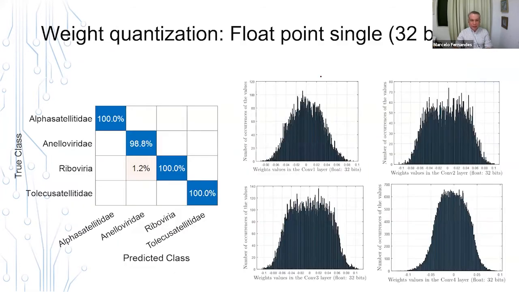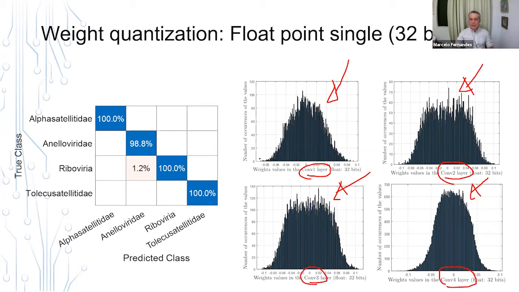In this case, this is a histogram of weights. This is for 4 layers: the first convolution layer, the second convolution layer, the fourth, and the third.